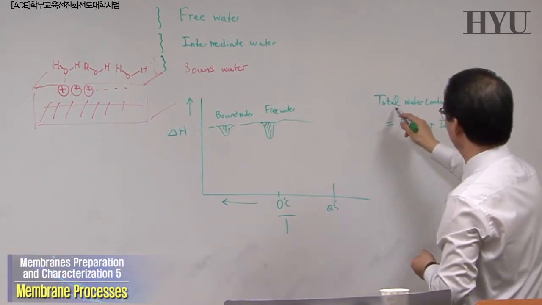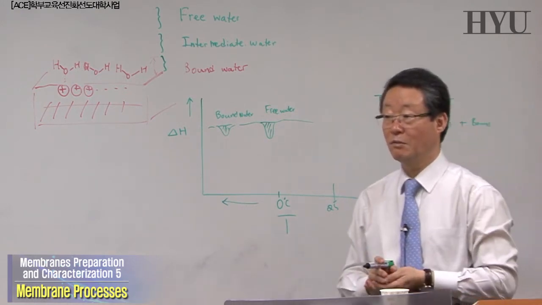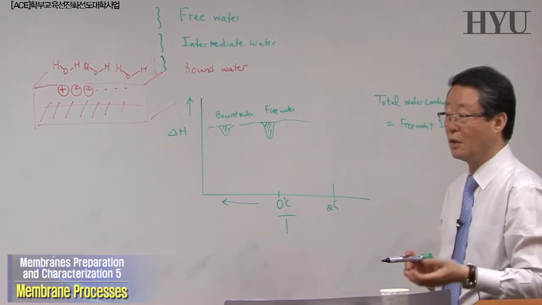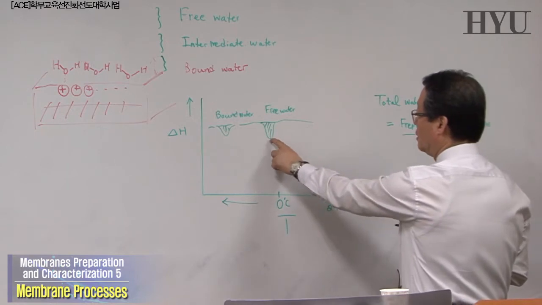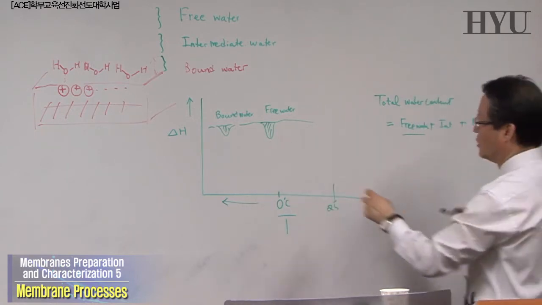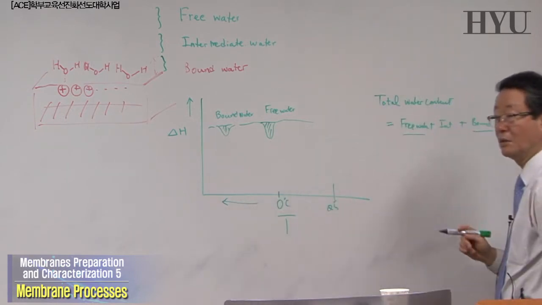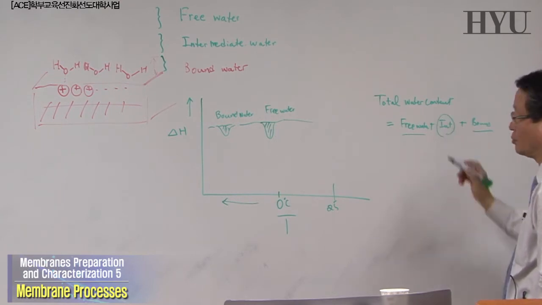You measure the free water at room temperature, that's the swollen state. The free water is measured by the DSC. Bound water is measured by the bound water content here. The rest of it is intermediate water.